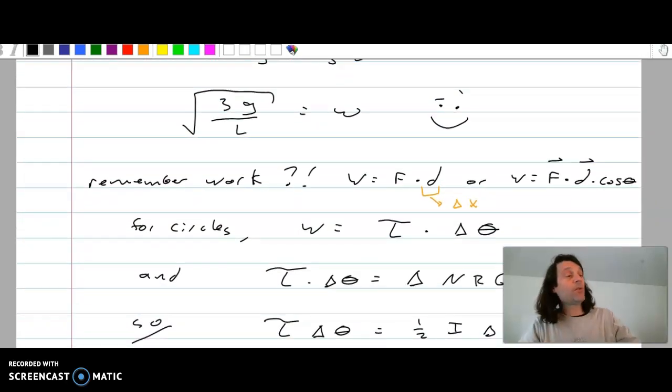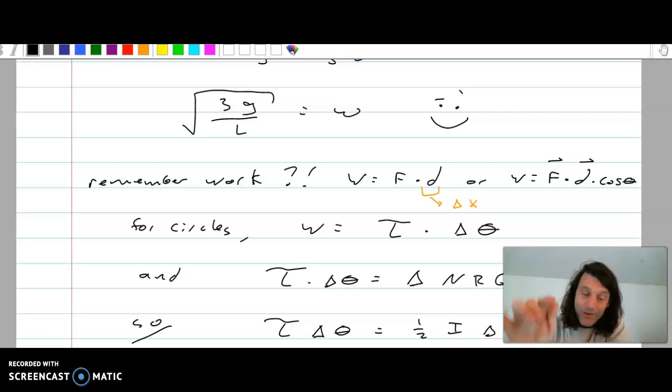Okay, so those two examples, just know how to use conservation of energy for different expressions, doing math with letters. Now, work. Remember, work, linear, force times distance. Sometimes a distance is called a delta x, an xf minus an xi. We also called it a dot product, when you take two vectors and multiply them.